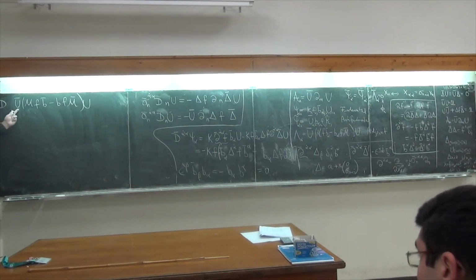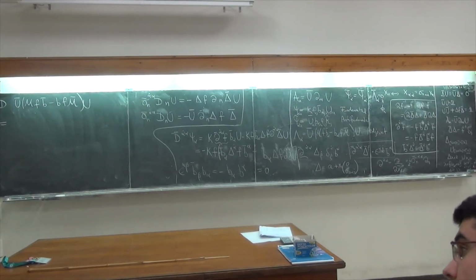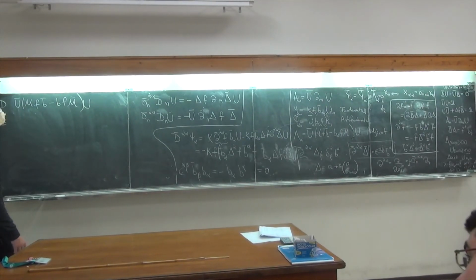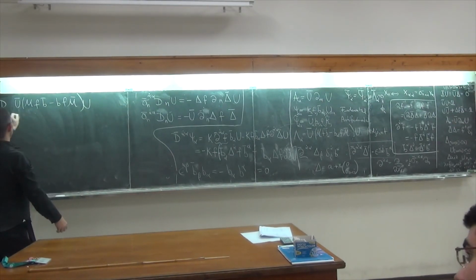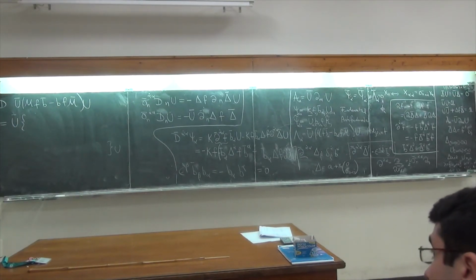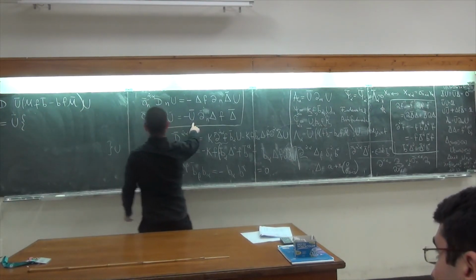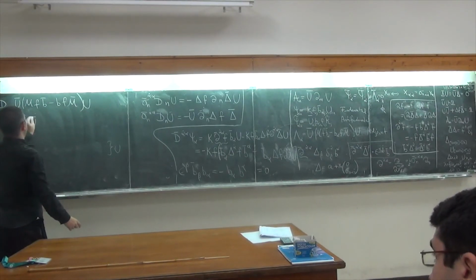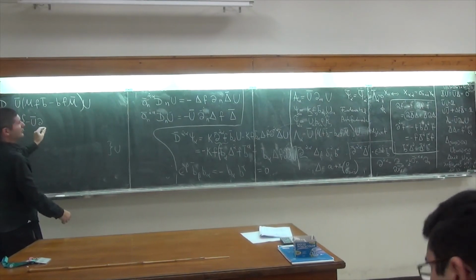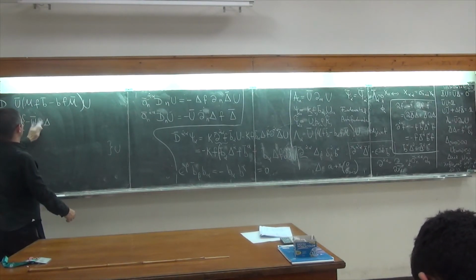Now, the derivative can act on either. I will not write indices in such a way that I don't make confusion here. Just apply this formula. D of u bar, everything will contain u bar here, and so u at the end. Now we should compute what is inside. D acting on u bar gives me minus u bar d delta.